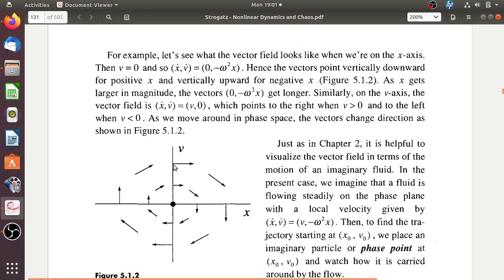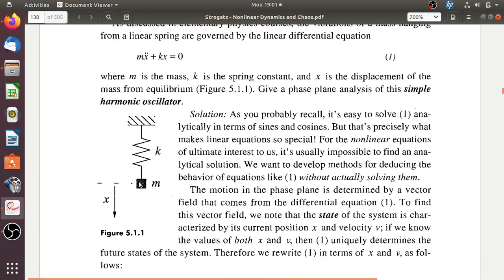Initially the velocity is some positive value, but displacement is 0. So we have an initial excitation, but the displacement is 0. What's happening? It keeps on stretching. Velocity is in this direction, but the displacement is 0, so it keeps on stretching.